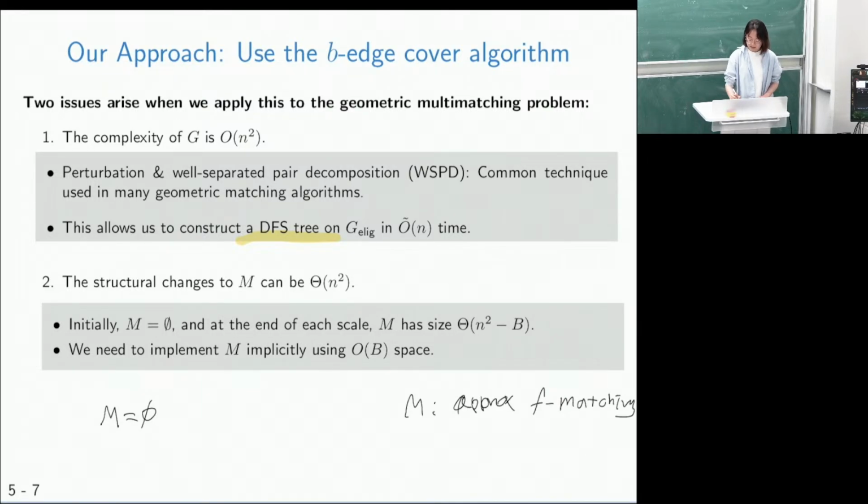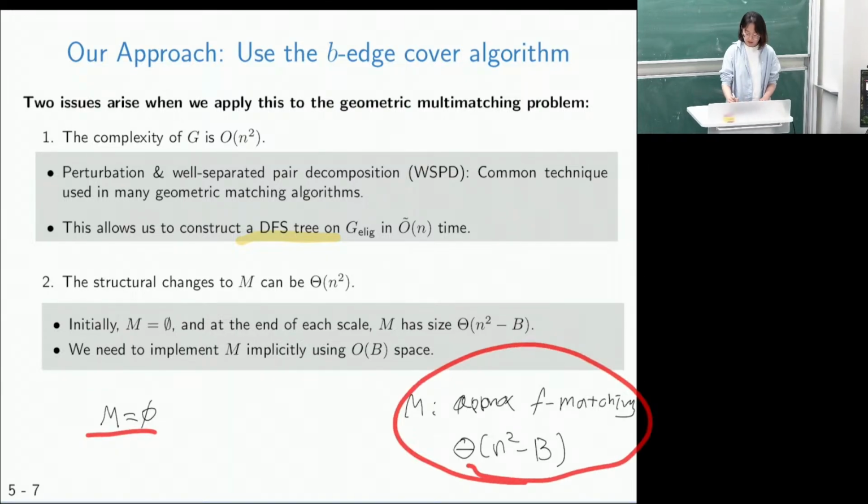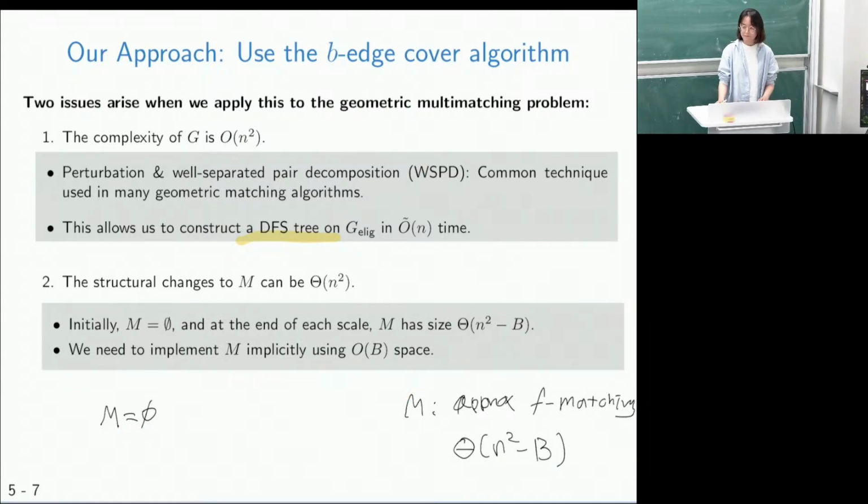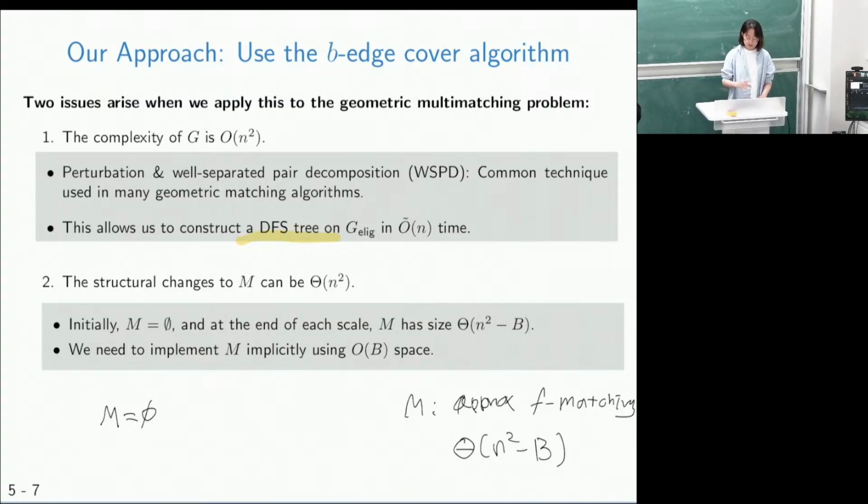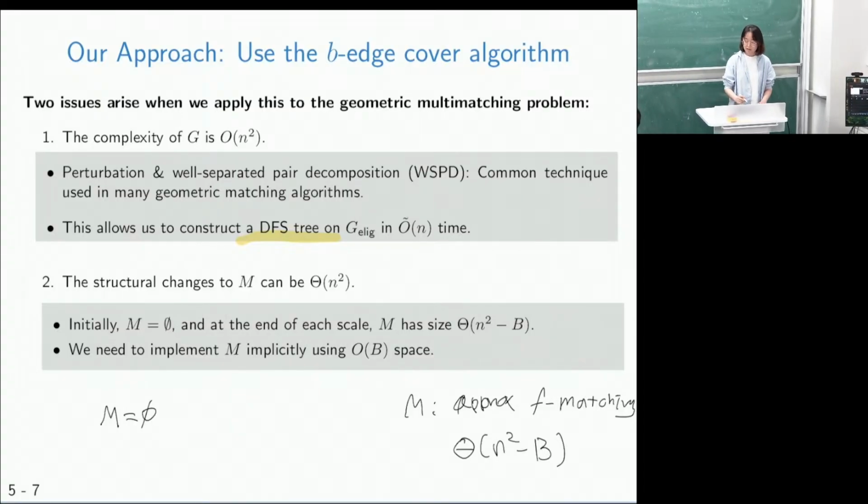So its size is n squared minus b. So even if b is very small, the size of M can be very large. And in each scale, we update M until it becomes an approximate F matching. So the structural change to M can be quadratic.